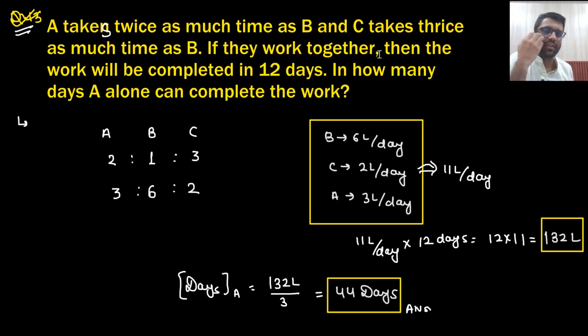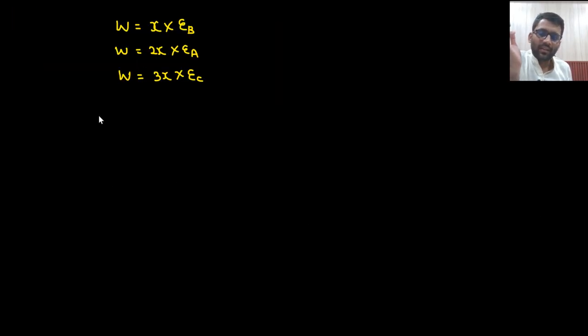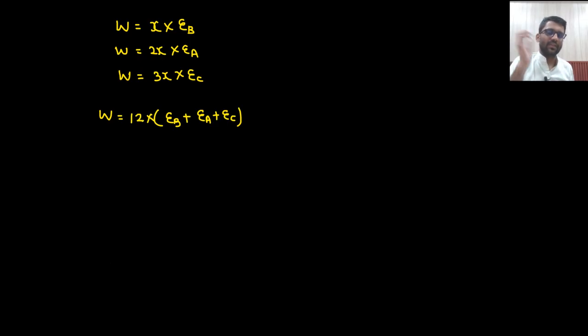Do you agree to this point? Because C takes 3 times whatever that is. And the work is done if all are working with their complete efficiency. If A plus B plus C are working together, then the work is completed in 12 days. So this is the work.